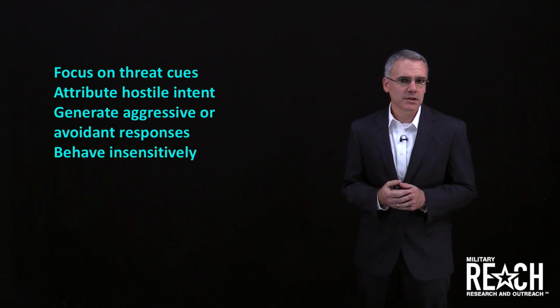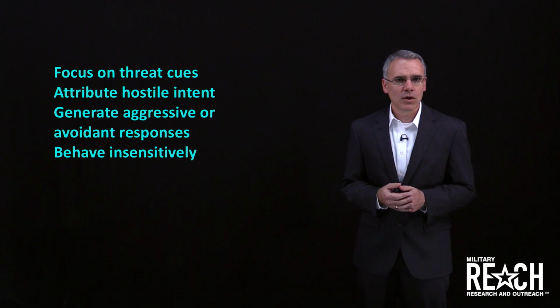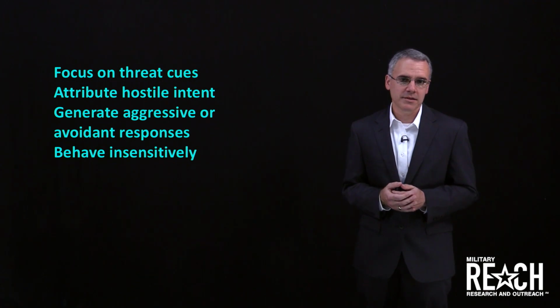Biases or mistakes at earlier stages may lead to additional biases or mistakes at later stages, or processing at later stages may derail earlier positive processing or repair earlier negative processing. Any stage of social information processing may contribute to social problems, and therefore any stage could be improved and contribute to social success.